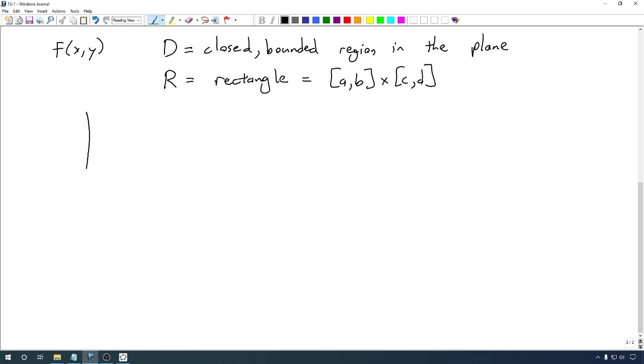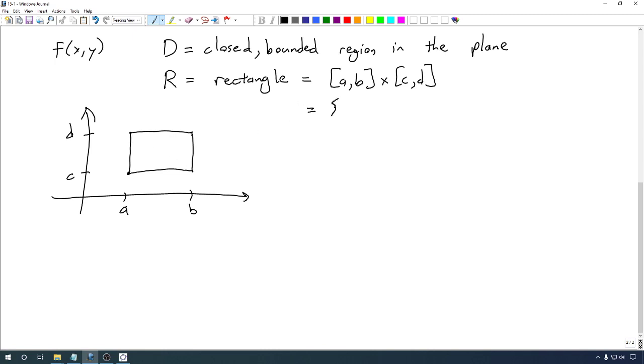And what I mean by that is if I draw our axes out here, we'll look at values of x between a and b and values of y between c and d, and this will define a rectangle. So in other words, you can say it's all the points x and y where x is between a and b and y is between c and d.